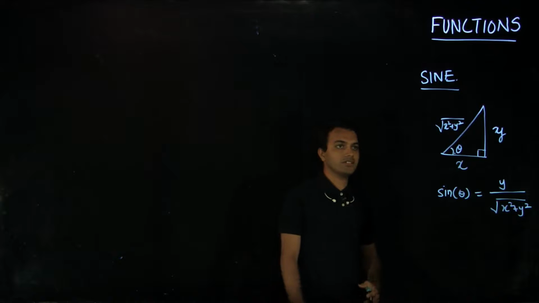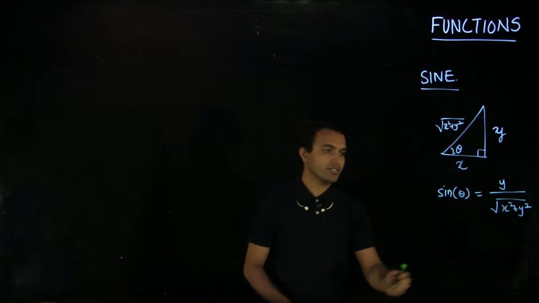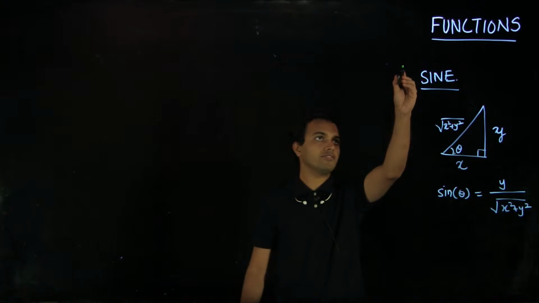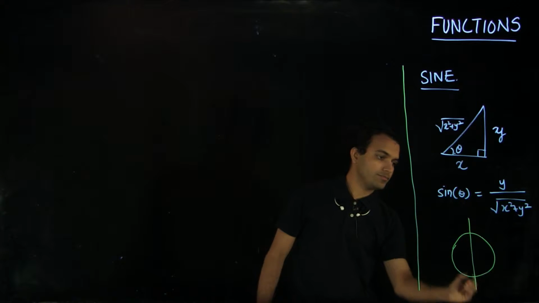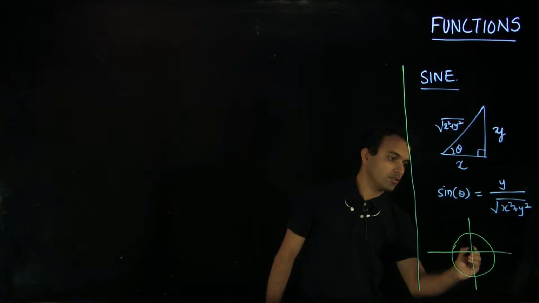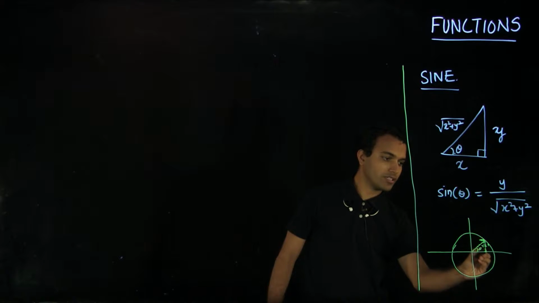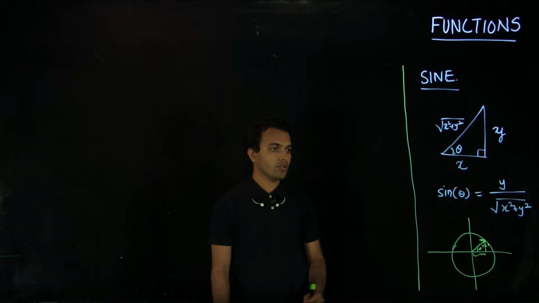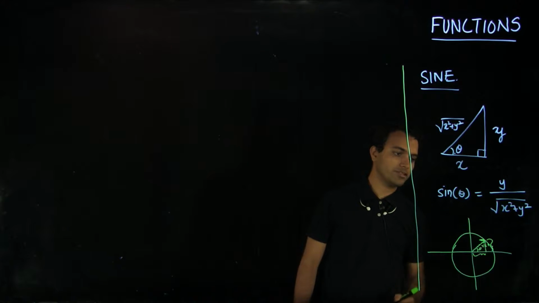Another interesting way to see how sine is given is to look at a circle with unit radius. So let's say if we have a circle whose radius is equal to 1, and this is the angle theta for a vector, then its projection along the x-axis is essentially cos of theta, and this is sine of theta.